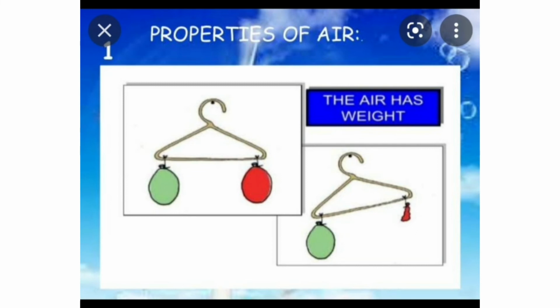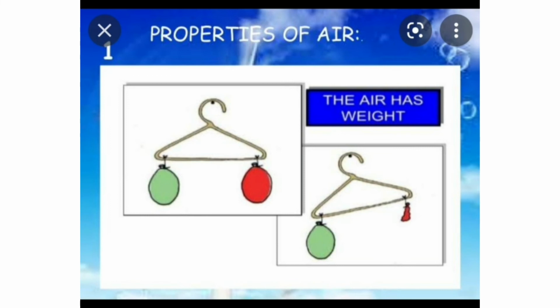Here with the hanger also you can see that the hanger will tilt towards the inflated balloon. This is because of the mass of the air present inside the inflated balloon. So this activity will prove that air occupies some space and has some mass.